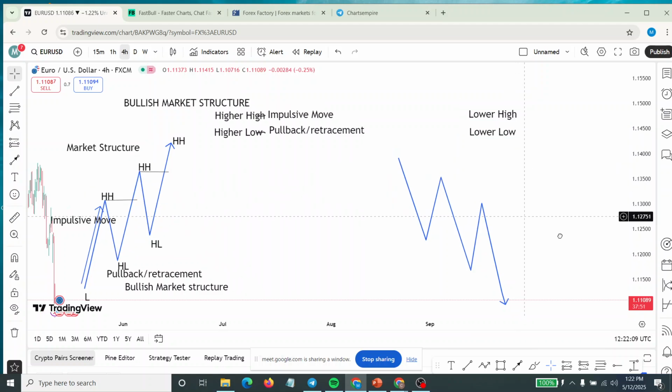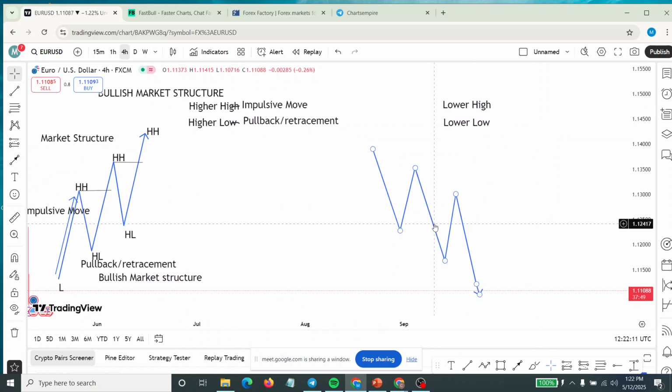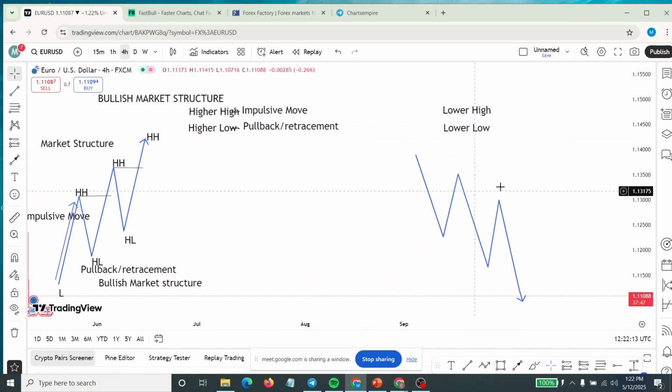So now you can see in this scenario, which one is our impulsive and which one is our retracement? Which one will be our impulsive move in this scenario and which one will be our lower low? So now let me identify this.